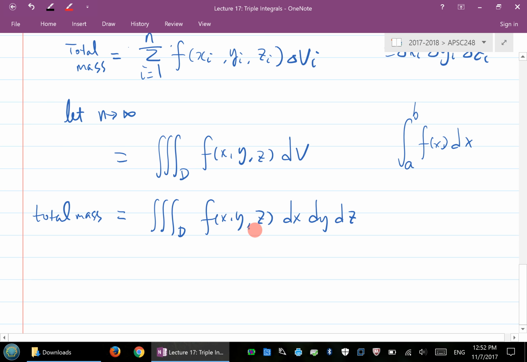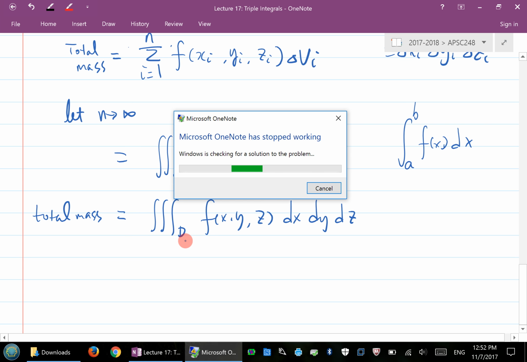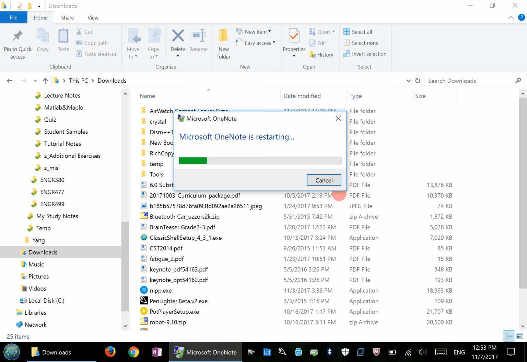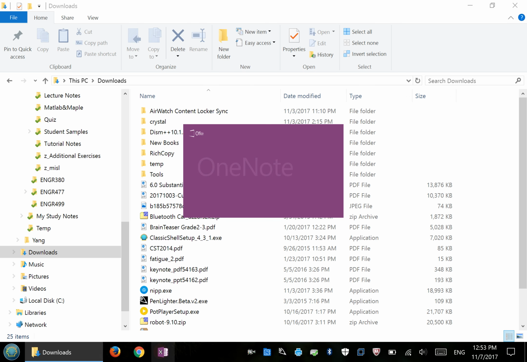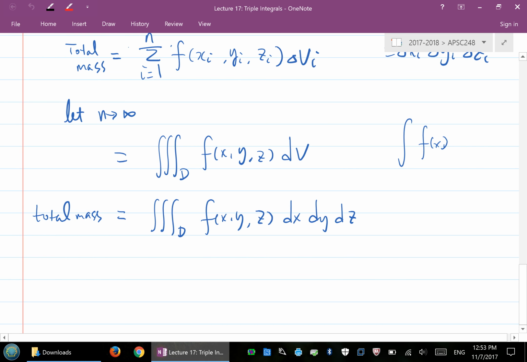This one here, you integrate this function f through this solid region D, in a 3D space, instead of just a region. So it's the same type of integration concept here. I approached this using a mass concept, but when it comes to other applications, you can use it in many other different situations for triple integrals.